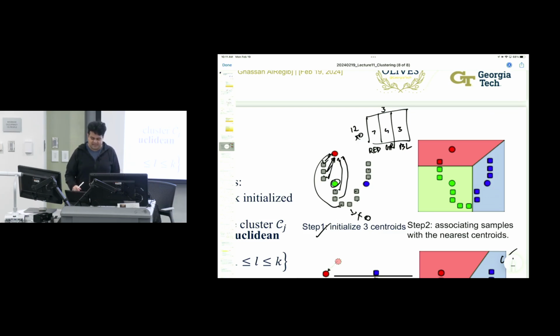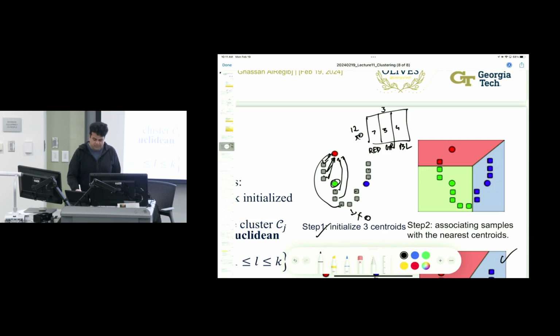And once I get these distances, I'm going to say that 3 is the least number. So across this row, the minimum distance for this data point is for the blue cluster. Hence, I'm going to say that this belongs to the blue cluster. Actually, probably I should have done the opposite. So let me do this, 3 and 4 here.